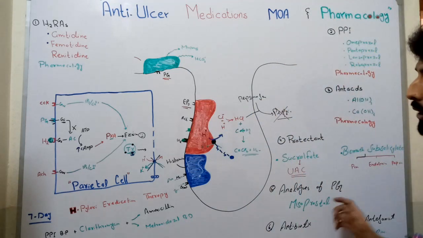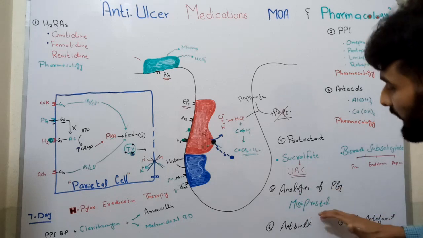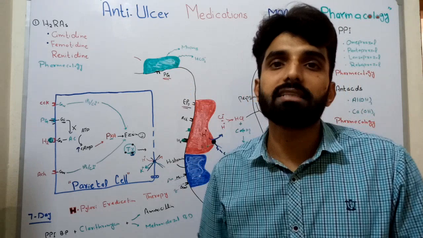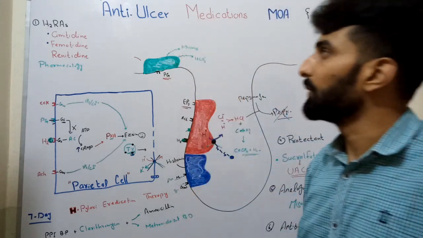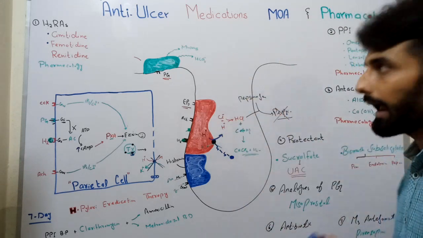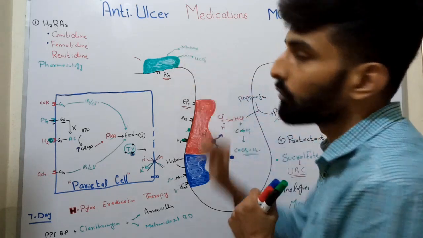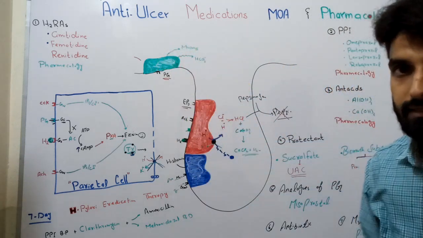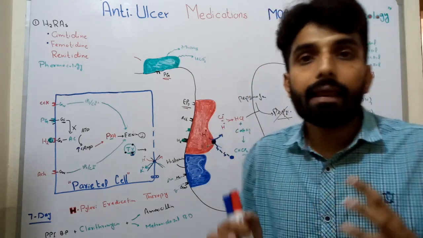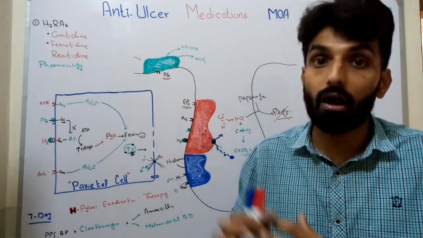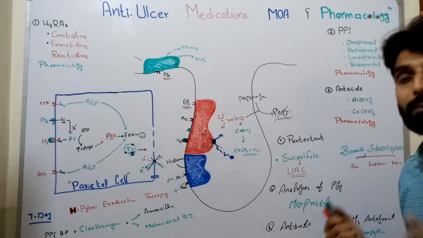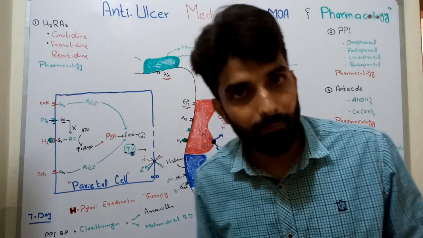At the same time, when these prostaglandin analogs like misoprostol act on their receptors present on the alveolar cells or on the mucous cell, they will increase the secretion of bicarbonate and they will increase the secretion of mucus from the alveolar cell or the mucous cell, and the mucus will make a protective covering over the cell and protect the gastric epithelial cell from the harmful acidic effect, and bicarbonate ion has the capacity to neutralize the HCl present in the stomach.